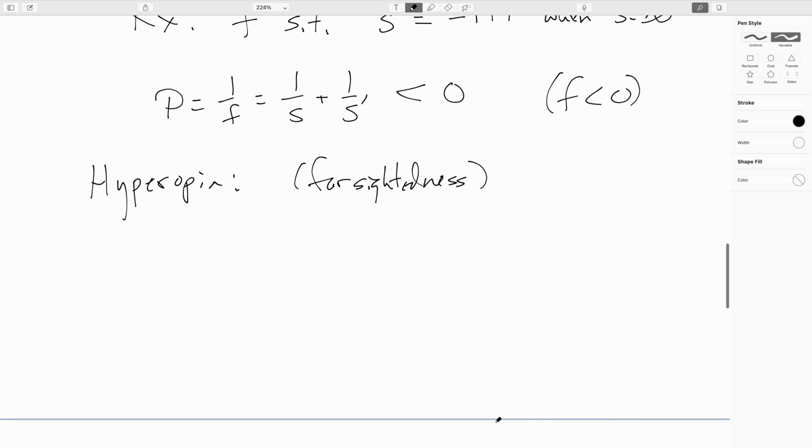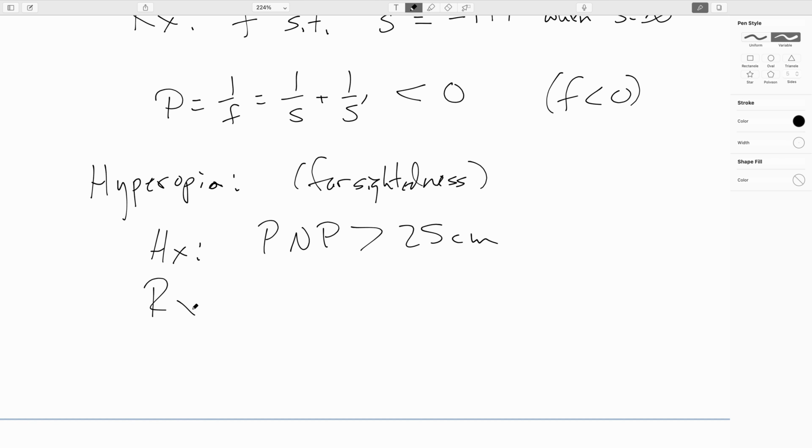So for hyperopia, the patient's history is that their near point will be greater than 25 centimeters. So they're having a hard time bringing close things into focus.